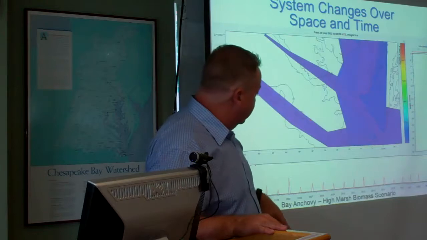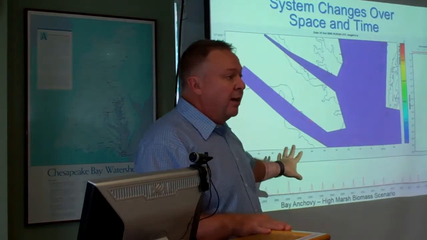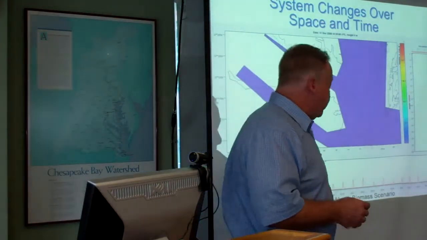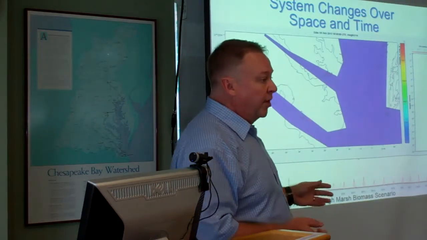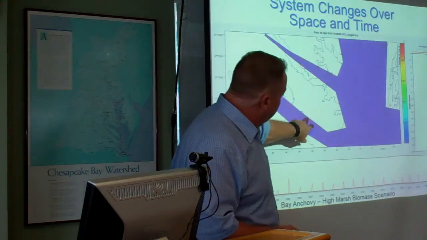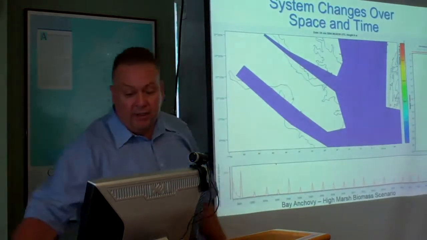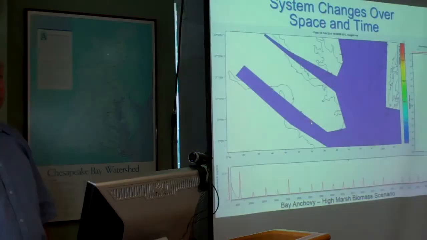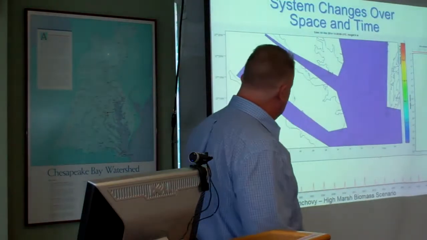This is actually a 20-year scenario, and I've got it up here as an example of one way we can visualize outcomes. This particular example is of bay anchovy production on a yearly basis, and we're only looking at the production in this cell where there's a red dot, but you can have similar output for any of the boxes in the model.